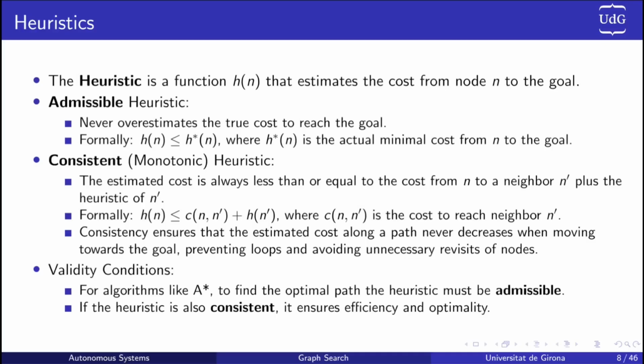If the heuristic is not admissible, you cannot ensure that you find the optimal path. You can be finding a path that is not the optimal one. However, if in addition to the admissibility property your heuristic is also consistent, not only will you find the optimal path, but the way in which you find it will be the optimal way. There is no better way, let's say, to find it.